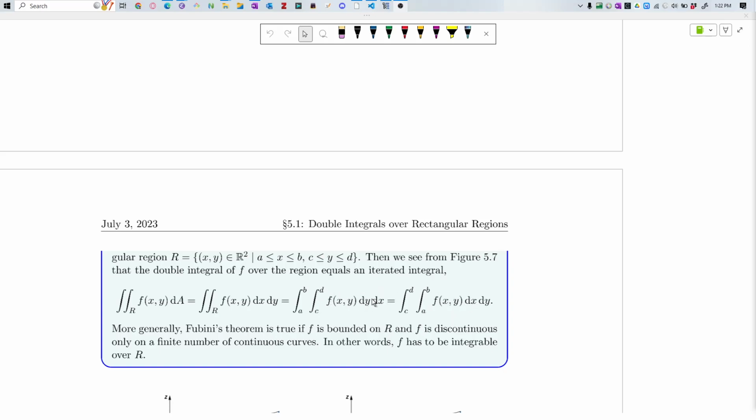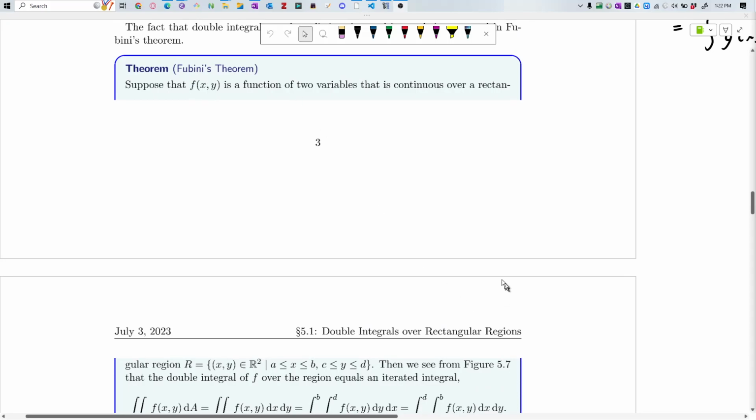You treat them as iterated integrals. You evaluate the inner integral first, which is a Calc 1 thing, and then the outer integral next, which is again a Calc 1 thing. So the fact that this double integral, this Riemann sum, is equal to these nested one-dimensional integrals is called Fubini's theorem.